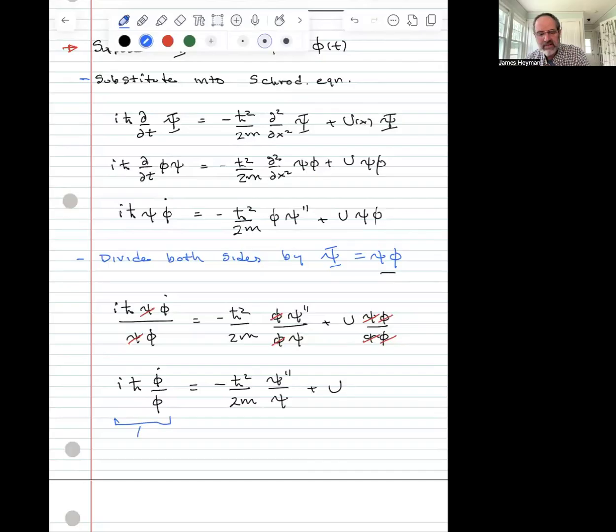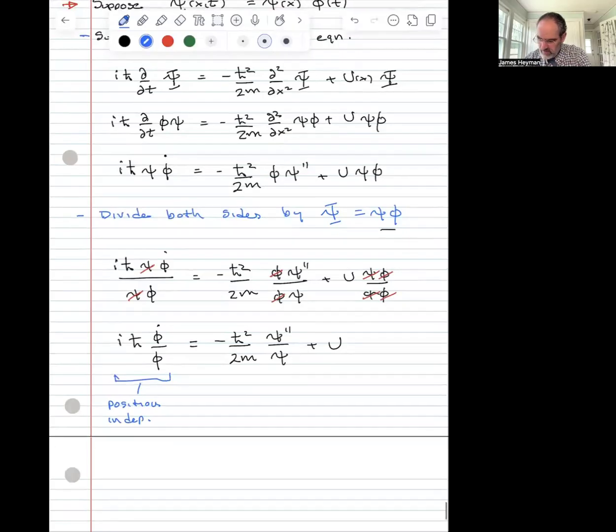There's nothing in that equation that depends on x, so this is position independent, or more clearly, it depends only on t. On the right-hand side of the equation, there's no phi, and so the right-hand side depends only on x.